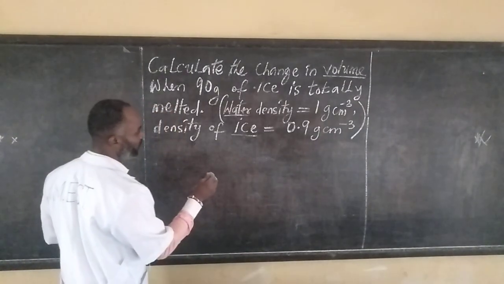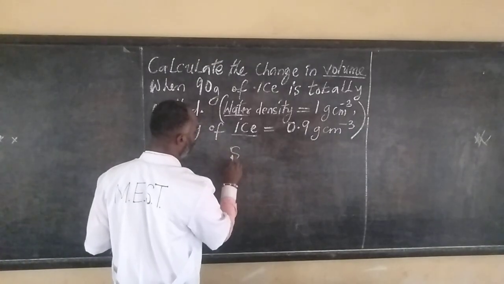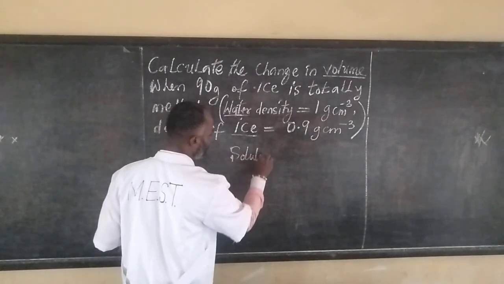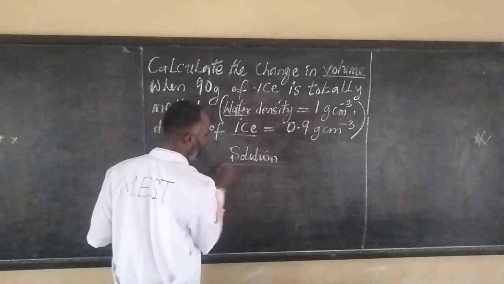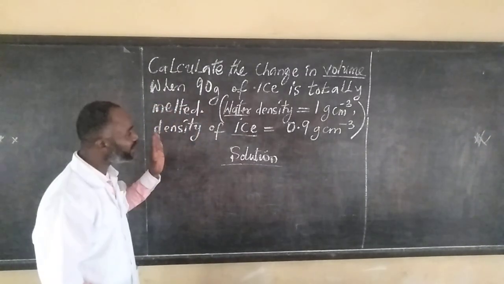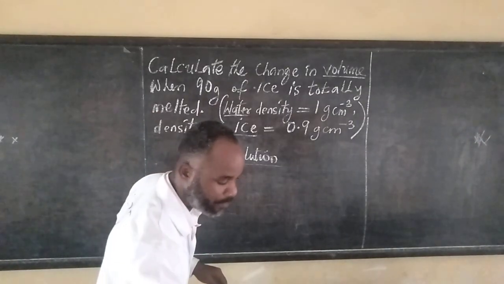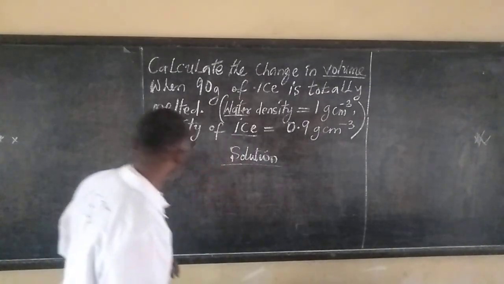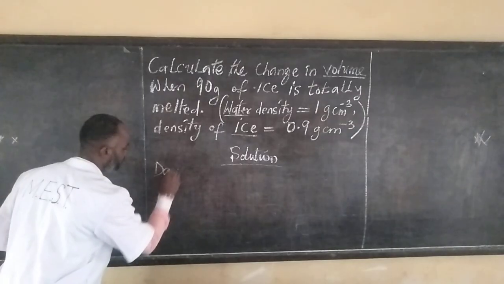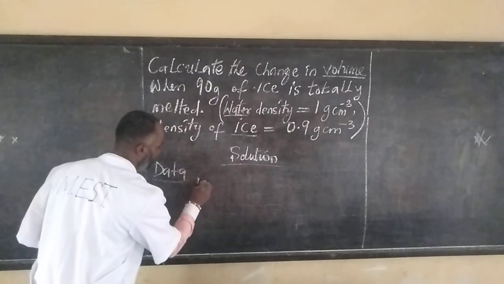The first thing we need to do here is start with identifying our parameters, so to say. The first one here is the density of water.